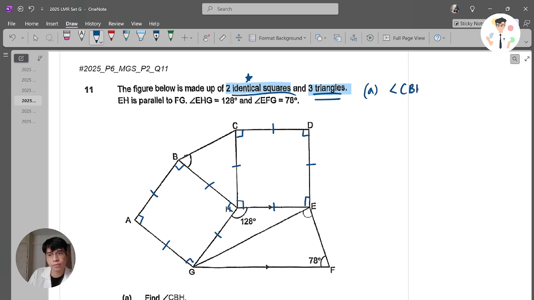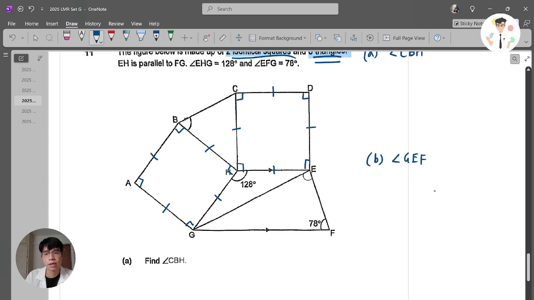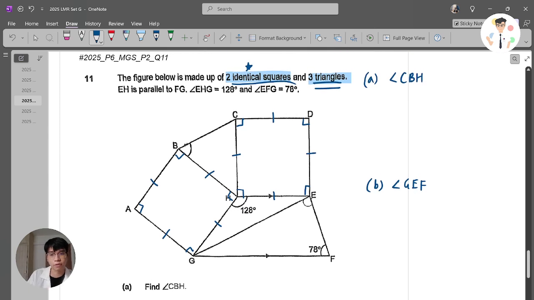Okay. So our question asks us to find A, which is CBH, and B, which is GEF. Correct? Let me just check. Yes. I'm just writing it here so that I don't need to go up and down. Now here I know it's 90. Here I know it's 90, and I know these two are actually the same.